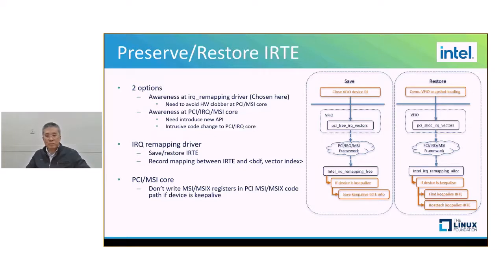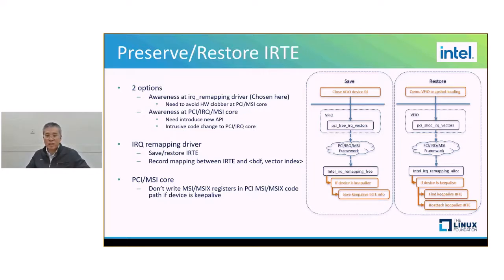So we choose another approach by which we reuse most of the IRQ setup and teardown code paths. We just check the device Keepalive flag at the IRQ remapping driver. If the device is kept alive, then we don't free the IRTE when IRQ is torn down.